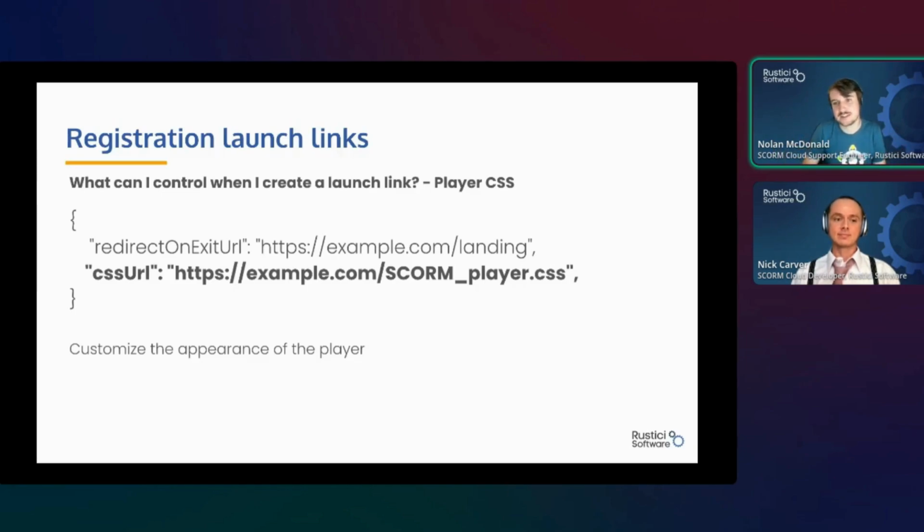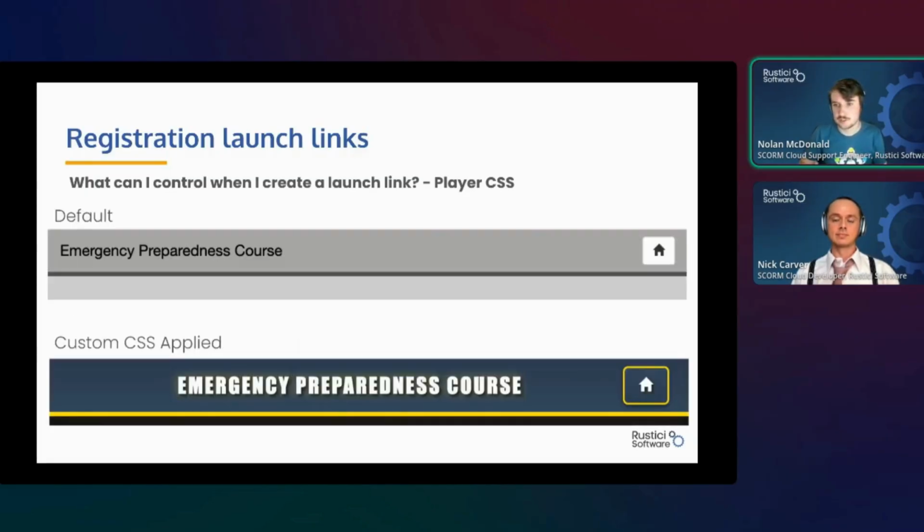But in some cases you might have content that doesn't have a dedicated exit button, or you may have multi-SCO content that doesn't really have a great way to navigate between those different activities. So in the package properties editor, you can turn on show finish button or show navigation, and some UI elements get added.